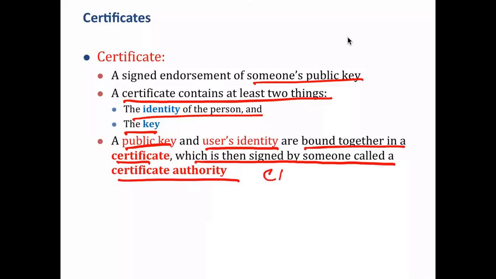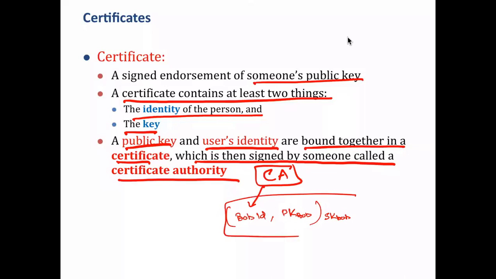So there is a certification authority, CA, who will take Bob's identity and Bob's public key and sign this with its own what? Public key or private key? Private key, right?